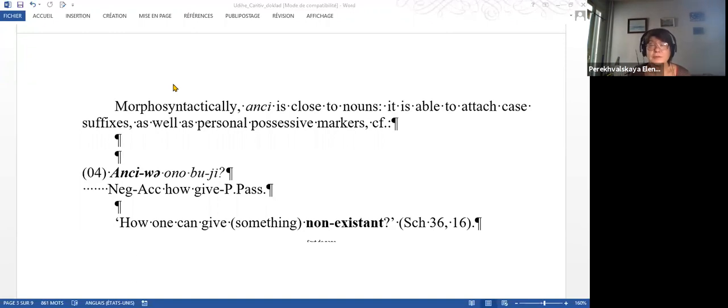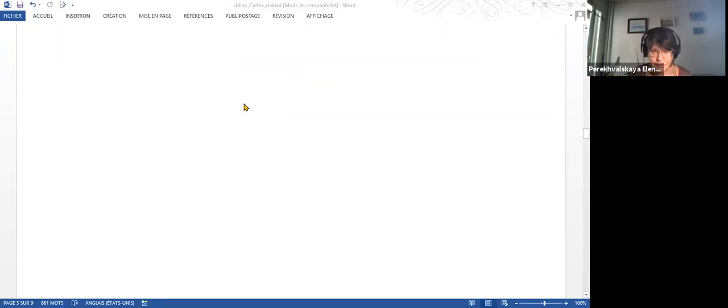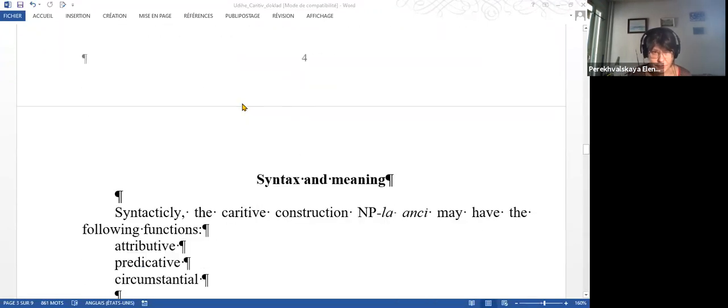It is obviously transcategorial there, but not in Udihe. In Udihe, it is more or less on the side of nouns, and it cannot be used as a verb.